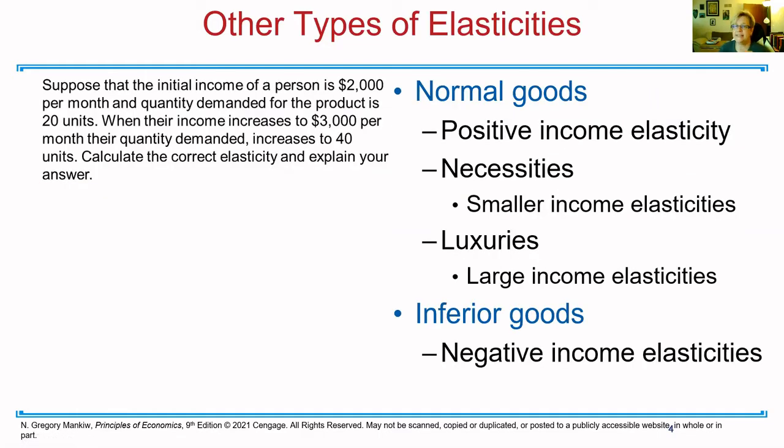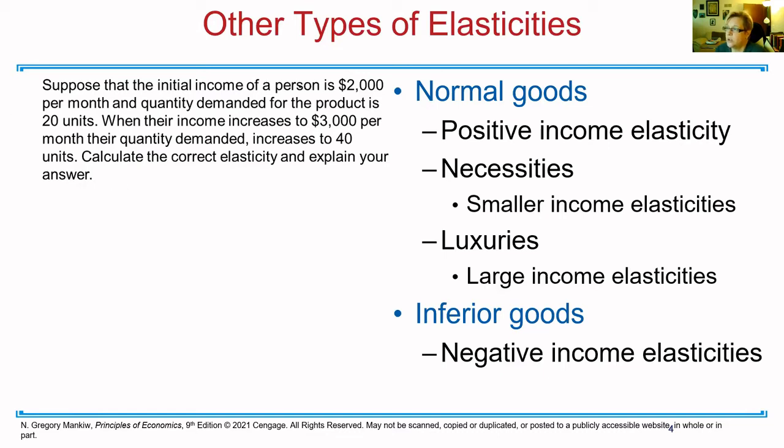Okay, let's take a look at an example problem. Suppose that the initial income of a person is $2,000 per month, and the quantity demanded for the product is 20 units. When their income increases by $1,000, their quantity demanded increases by 40 units. What's the right elasticity to calculate? And explain your answer.